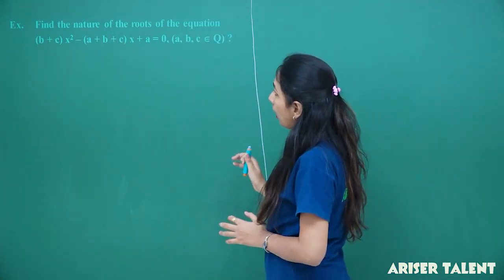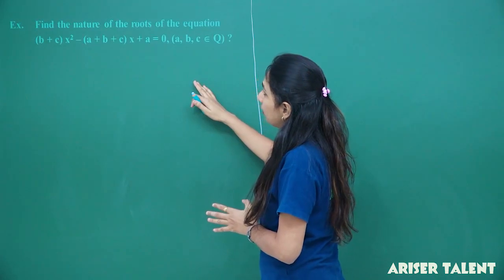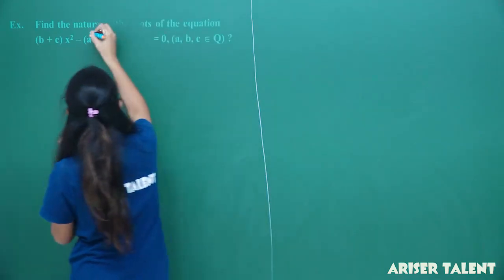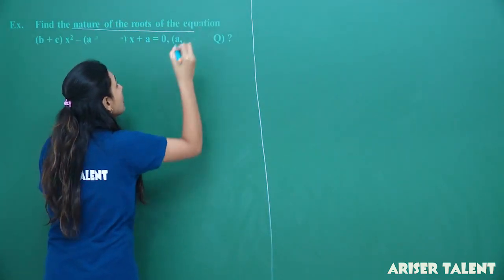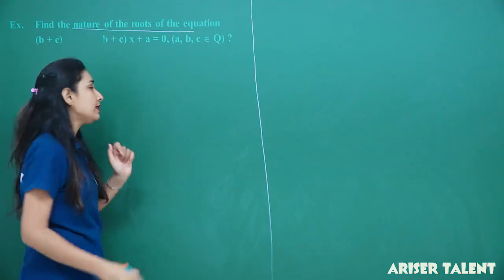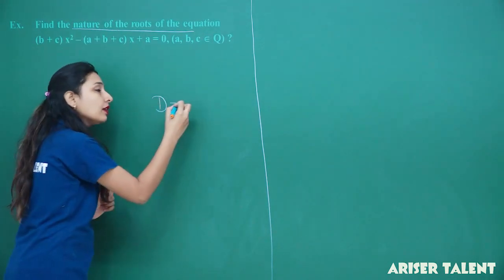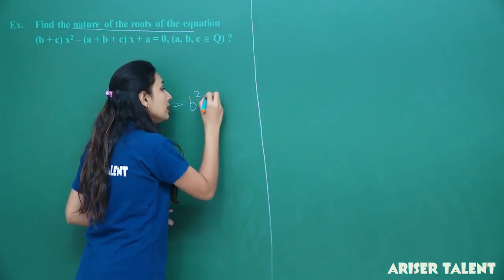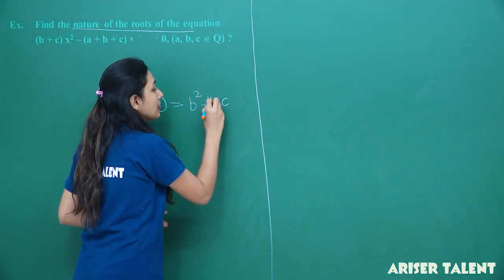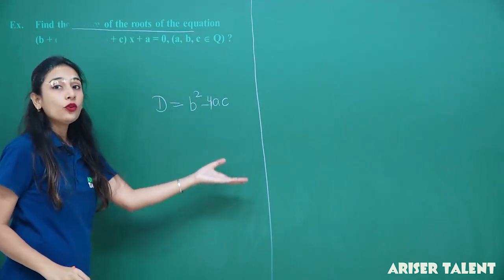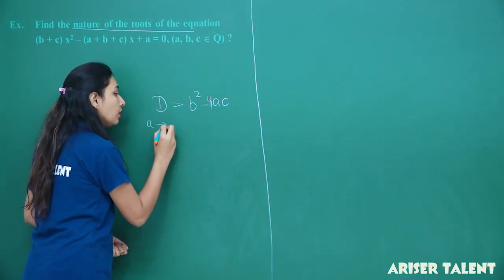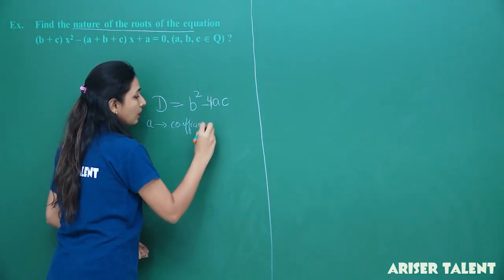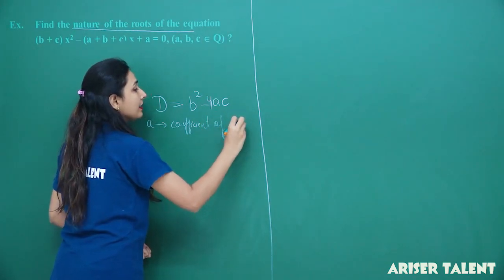Okay, now coming to that question, we have to find the nature of the roots. Whenever this phrase comes, nature of the roots of the equation, we say that it will be determined by D. Now what is the value of D? That is b square minus 4ac. A is what? You can say the coefficient of x square.